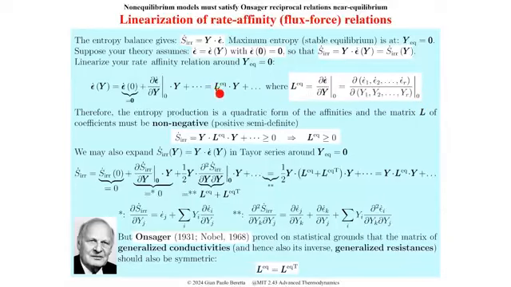Then you take this expression, substitute it into the expression for the entropy production, and get that the entropy production is a quadratic form in the affinities with the matrix of the generalized conductivity serving as coefficients of that form. That requires that, this being the dominating term in your expansion, this matrix must be non-negative in order to satisfy the principle of entropy non-decrease.